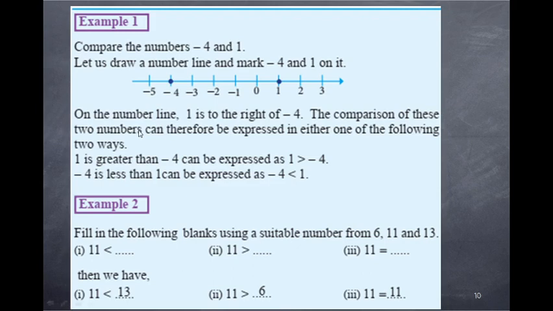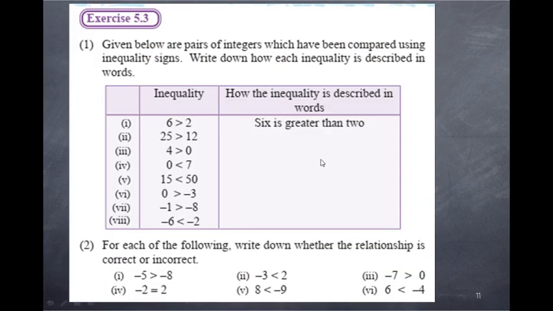So here we have a negative number and a positive number. You know that a negative number is less than a positive number. So we write minus 4 less than sign 1. If you want to write the number 1 first, then 1 is greater than minus 4.